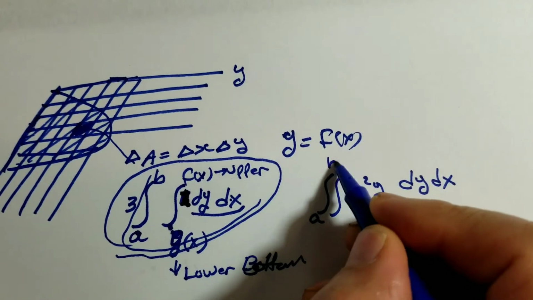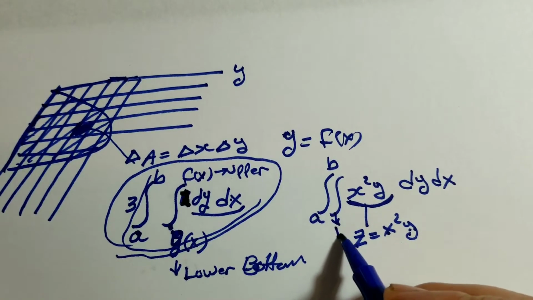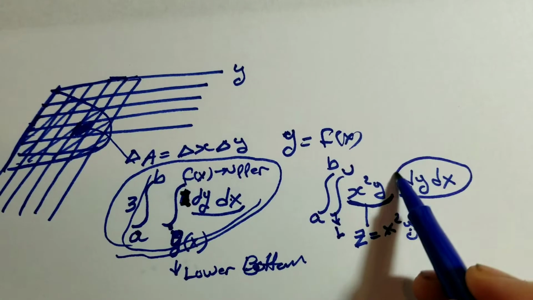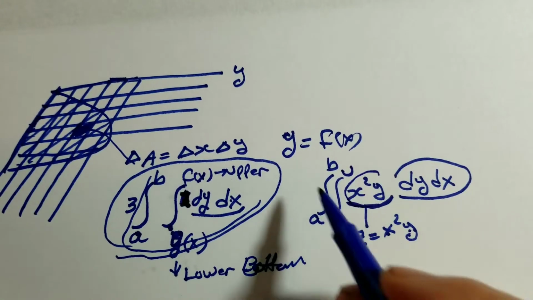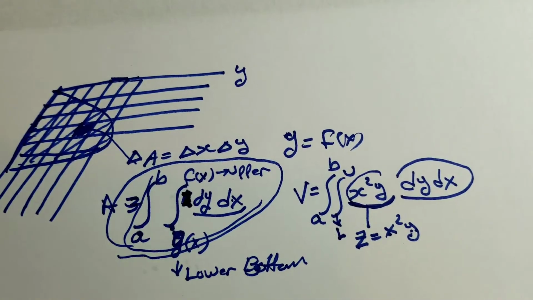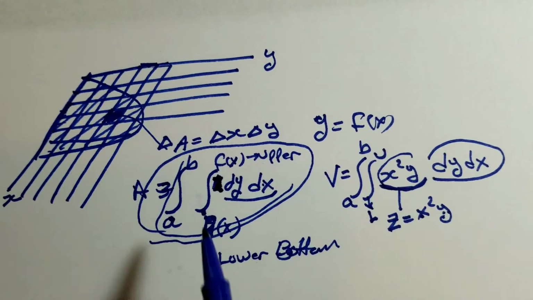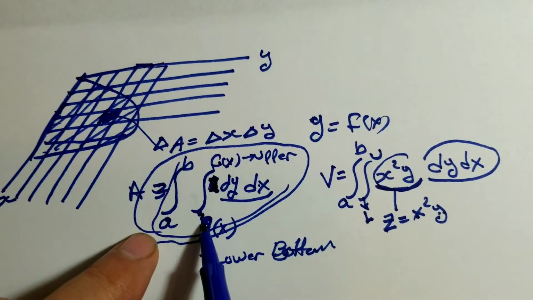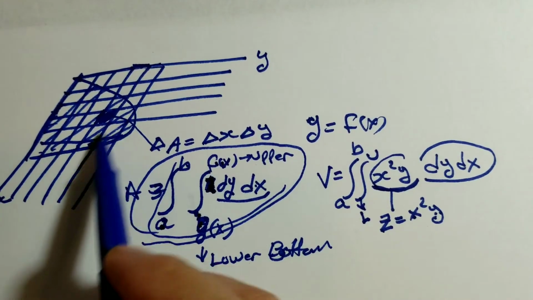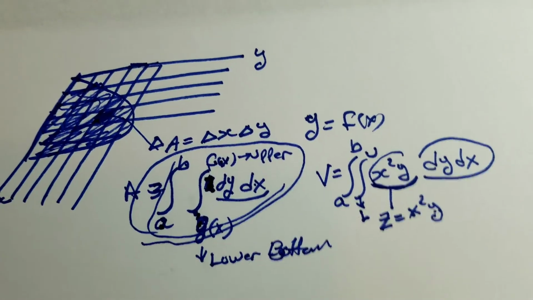This one goes a to b, and this one is going to become the lower one, and this one the upper one. This is nothing except base area times the height, and that's the volume. Therefore, you can either do the area or you can do the volume. But what is important is these two, the lower limits and the upper limits. These lower and upper limits must describe the region.